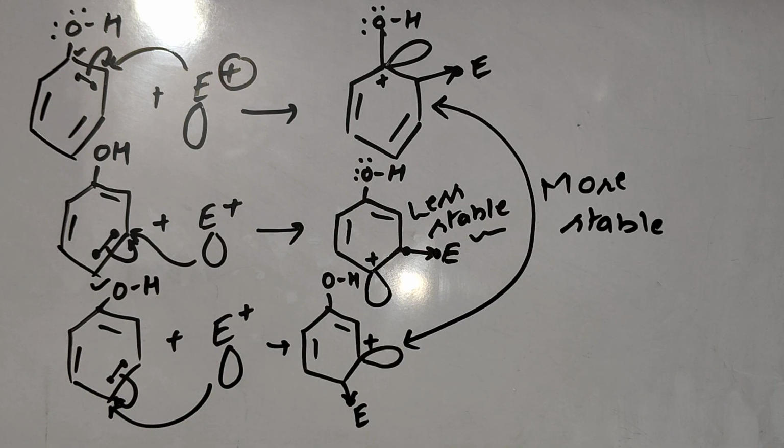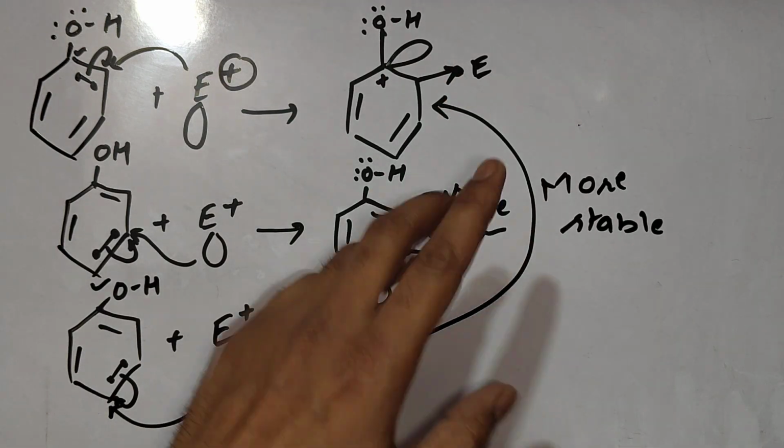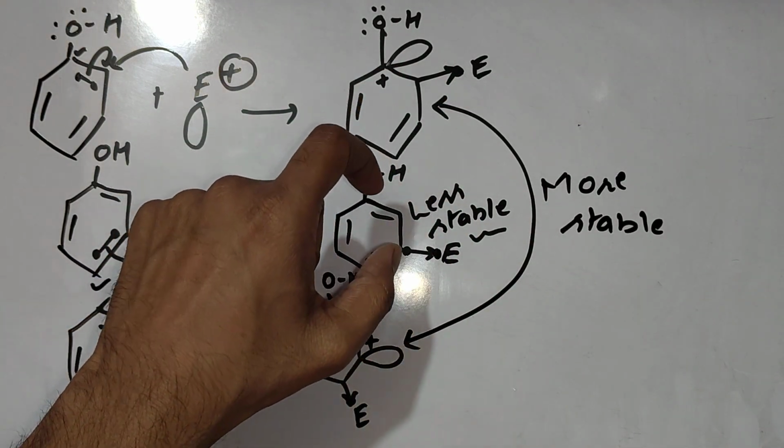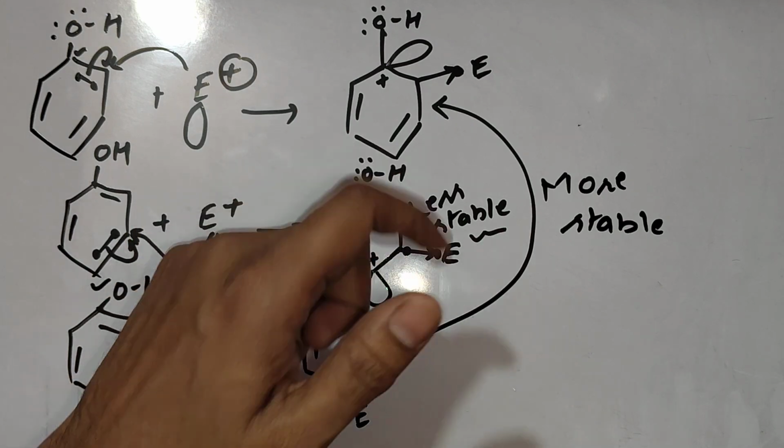Stability of carbocations generated after attack of the electrophile on ortho, para and meta positions. Now let's find out why these two are more stable and this is quite less. Let's check.